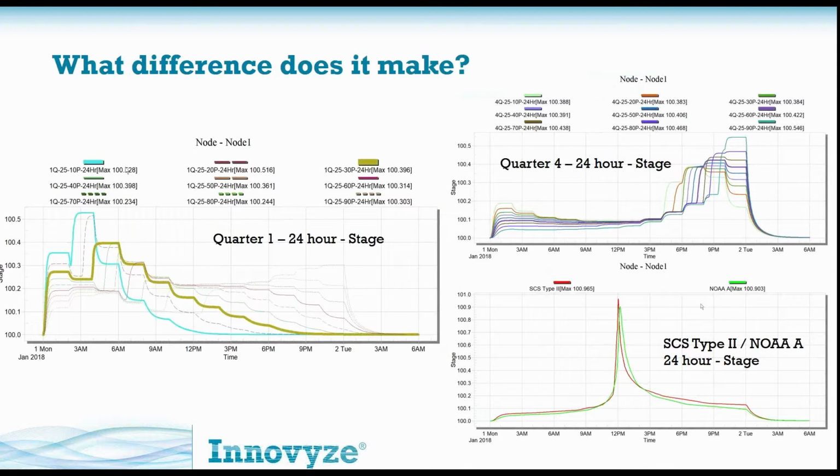And NOAA's kind of looked at issuing new distribution curves that mimic Type 2. So Type 2 is kind of going out the door. But as you can see, the contrast between a quartile 1 storm, quartile 4 storm, and the nested intensity. Remember, the quartile 1 and quartile 4 are the historic average, based on how they've looked at these things.